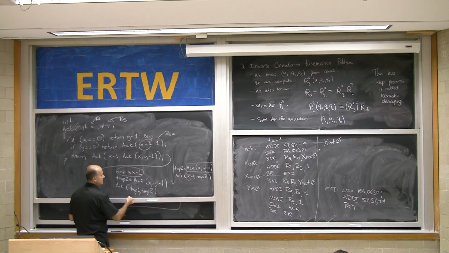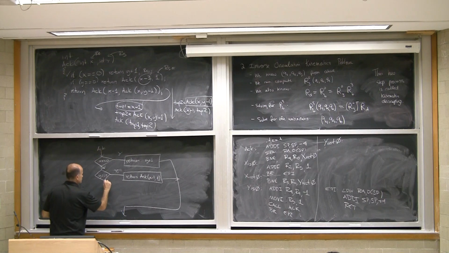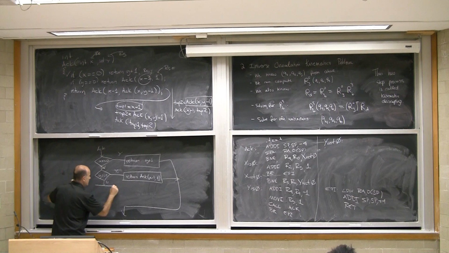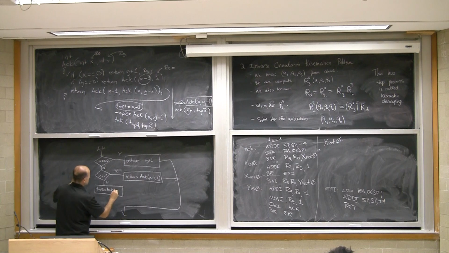Let's view this differently now, on this diagram. We're over here now. This is neither, okay? Neither nor, okay? And now what do we have to do? First thing we've got to do is temp2 equals Ackermann. What's the statement? X, y minus 1.